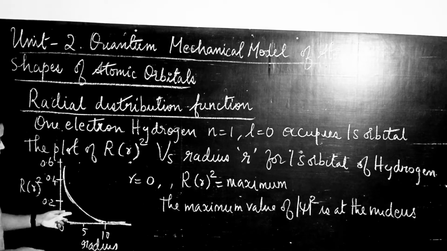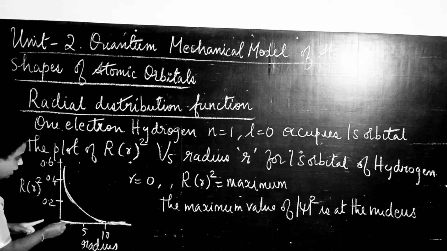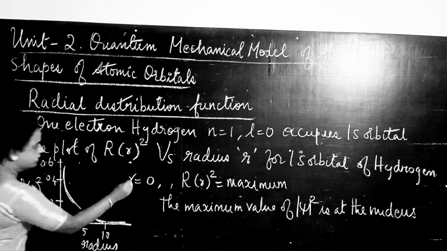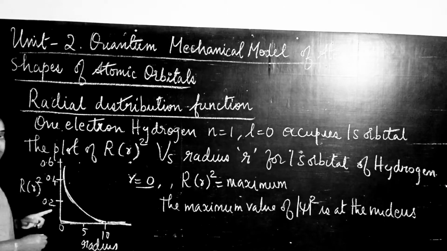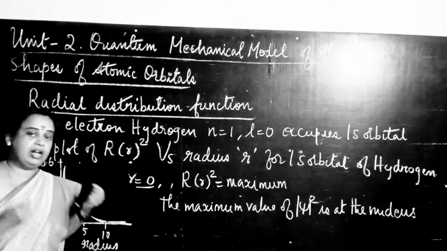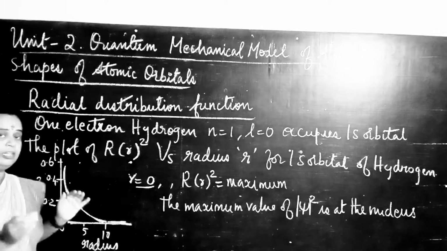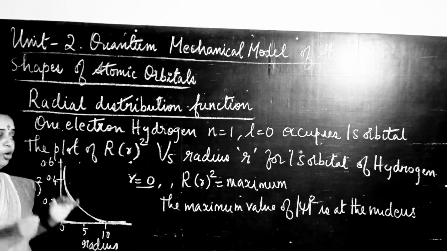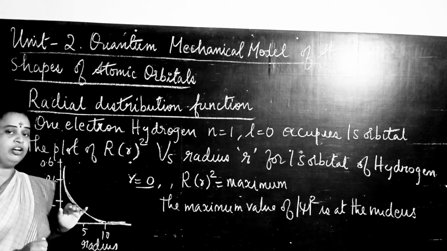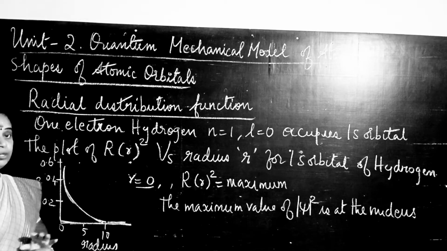When the radius r is equal to 0, that means the electron is present near the nucleus. So the probability of finding the electron is maximum at the nucleus.